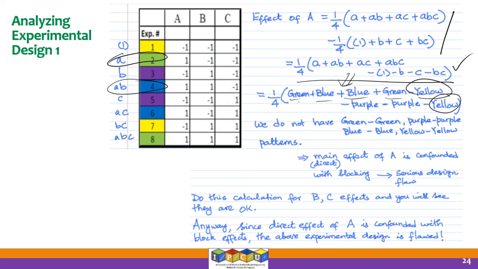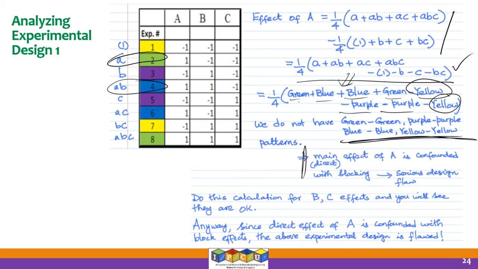So it's minus yellow or minus purple minus purple. It is not like one of them has a positive sign and one has a negative sign. So we do not have the cancelling patterns, which means the main effect will be confounded with the blocking that has been assigned. This is a serious design flaw.